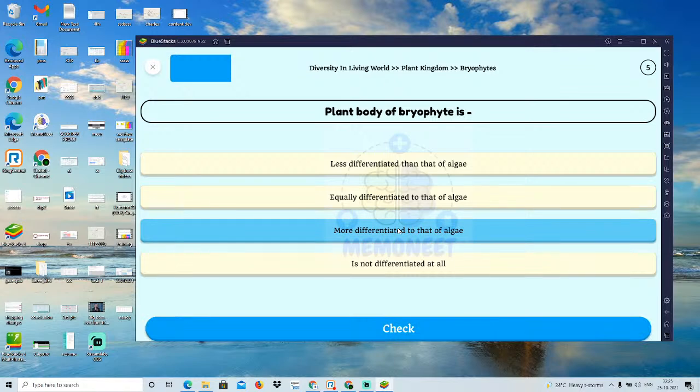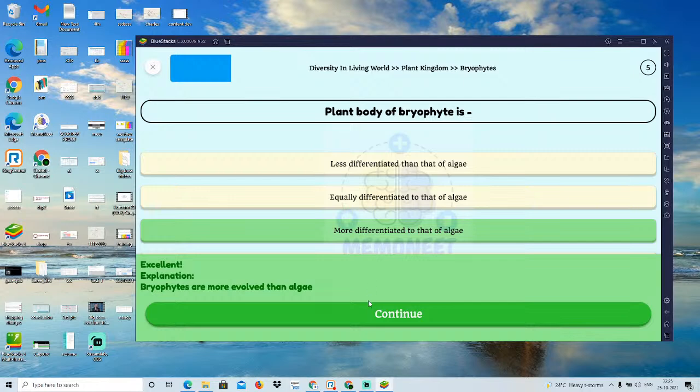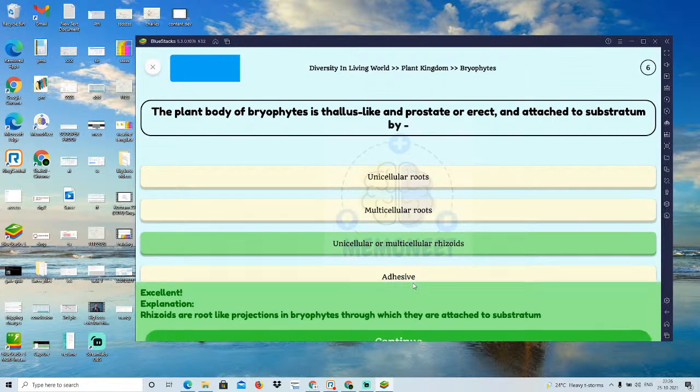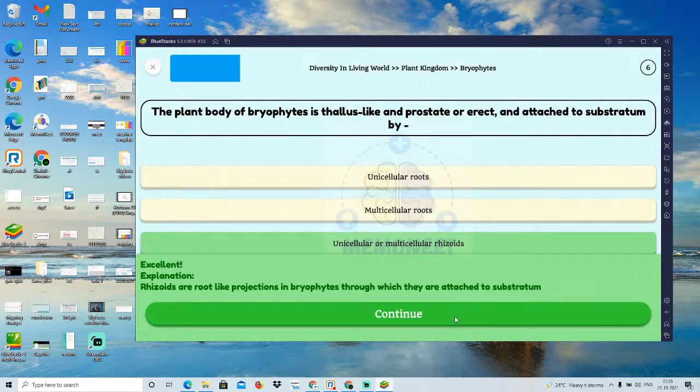They have stem-like, leaf-like, and root-like structures, but they're not completely differentiated, though more differentiated than algae. The plant body is thallus-like, prostrate or erect, and attached to the substratum by unicellular or multicellular rhizoids. Yeah, rhizoids are root-like structures.